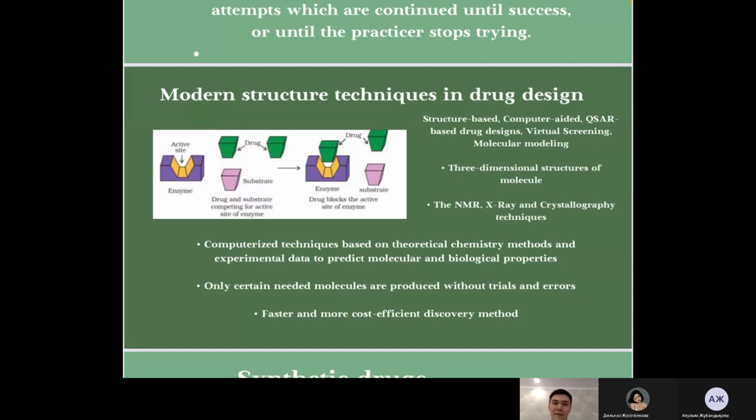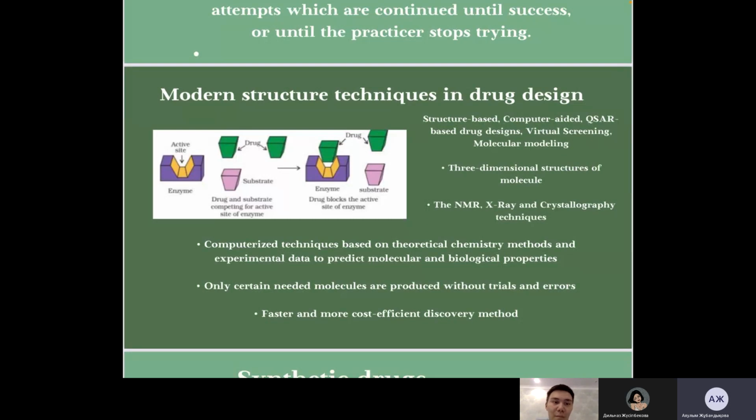So what are the main points of these modern structure techniques? Why are they so important for us? They are computerized techniques based on theoretical chemistry methods and experimental data to predict molecular and biological properties. As we said before, traditional methods are time consuming and high cost.